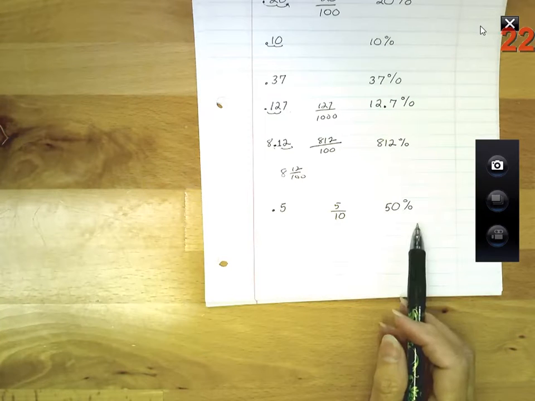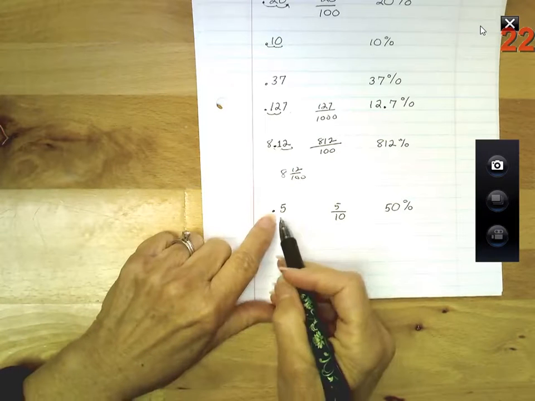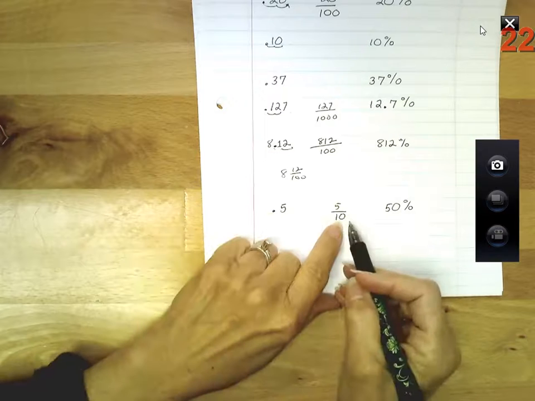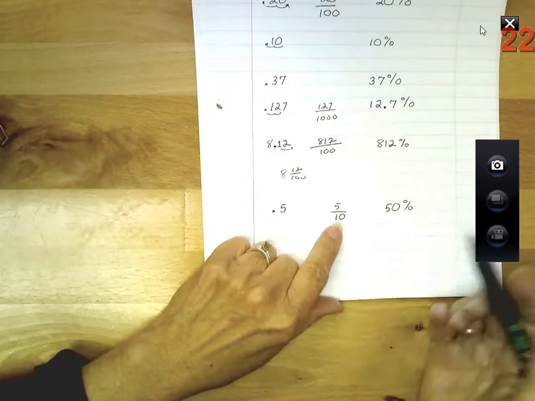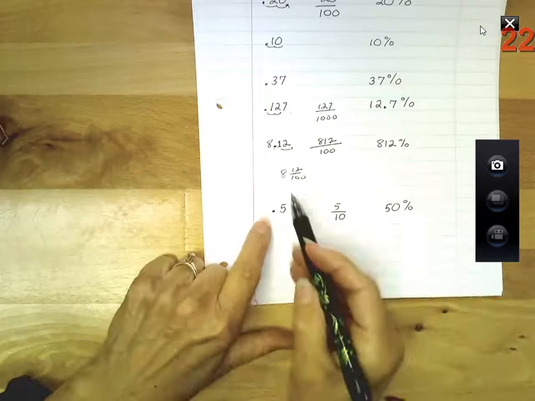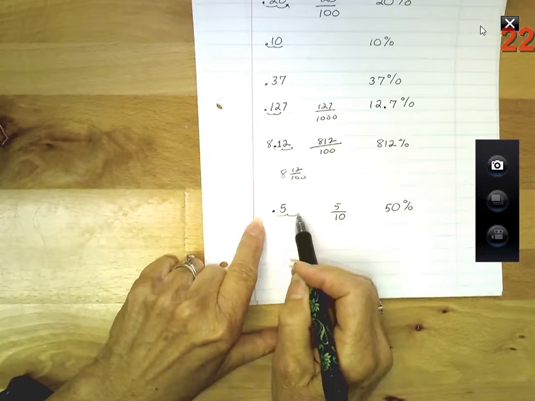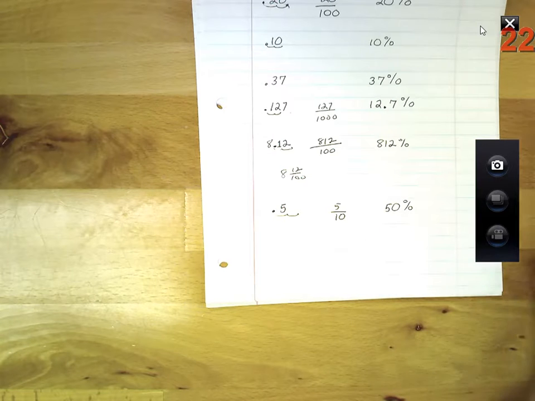So take one that you know, and then you can use that one to know whether you're going to the right or the left. This 5 tenths is the same thing as a half or 50%, because you're moving it 2 places to the right, 50%. Since there's not another number there after 5, it's 0.